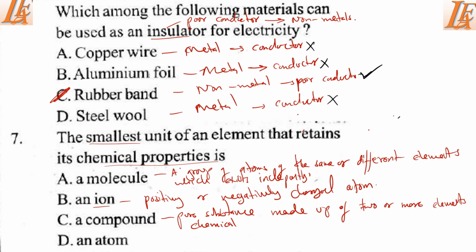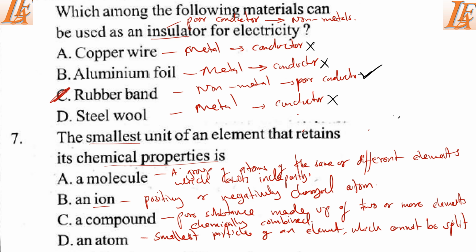Chemically combined. And then finally, we define an atom as the smallest particle of an element, which cannot be split into any simpler form by any chemical process or reaction, and it carries the chemical identity of the element.